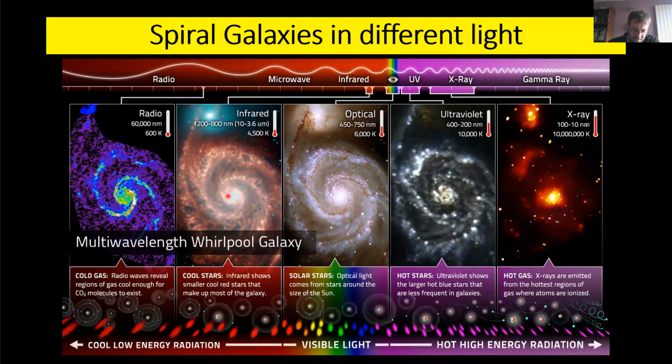So what we see again is the spiral arms nicely reproduced with cooler red stars. They should make up most of the galaxy, because once created, they are there for a long, long time. And even in between, we see these filaments going there.